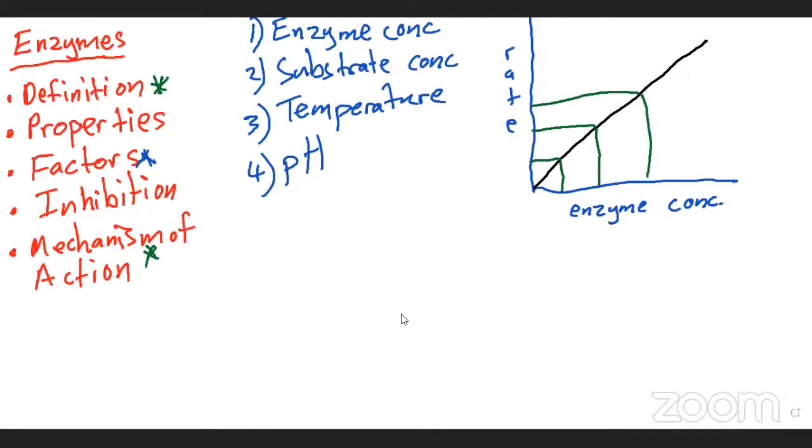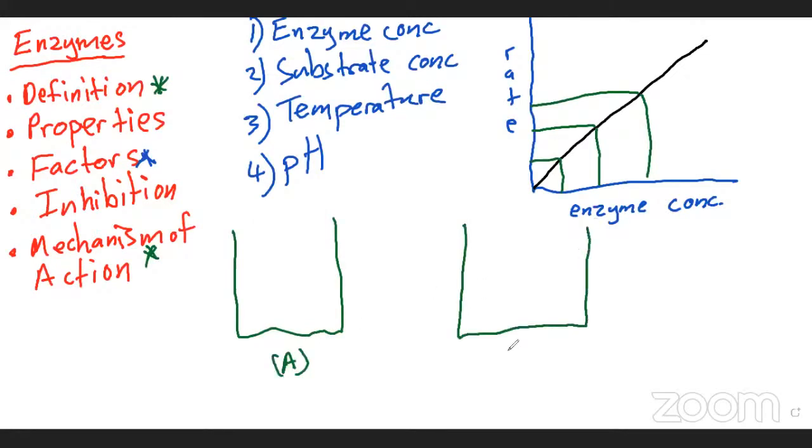Let us look at two containers. If you have container A and container B. Remember now, with this graph, your substrate concentration must stay constant, but we're increasing the concentration of the enzyme.